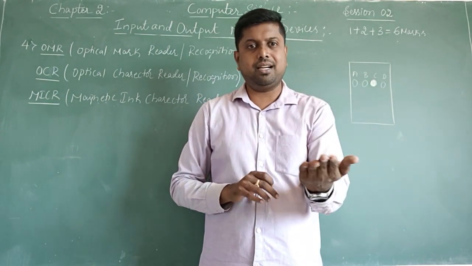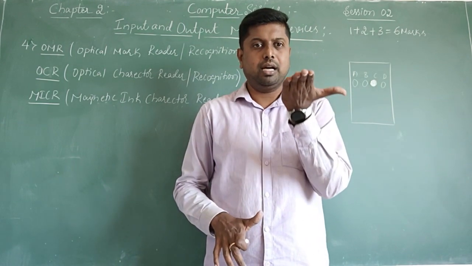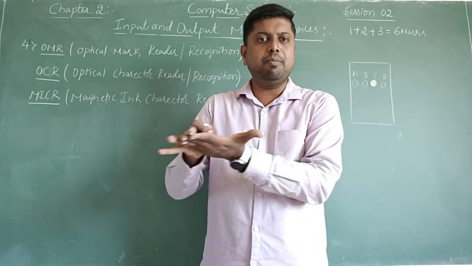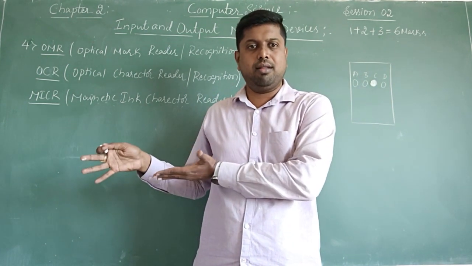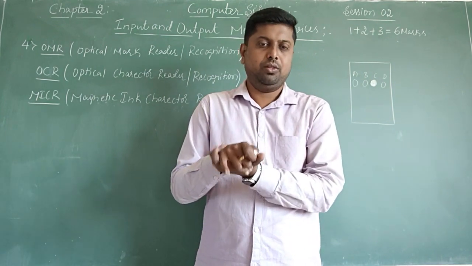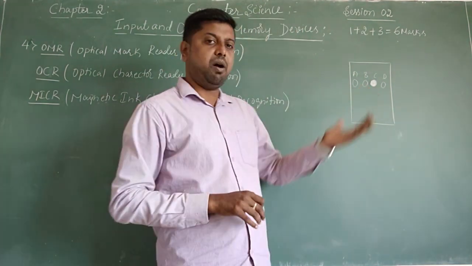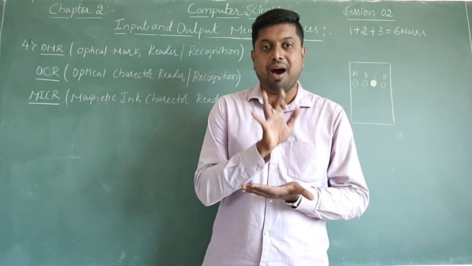In fractions of seconds it is read, and the result is displayed on the computer, showing how many right answers or wrong answers the user had. So this is a type of device for recognition of marks.